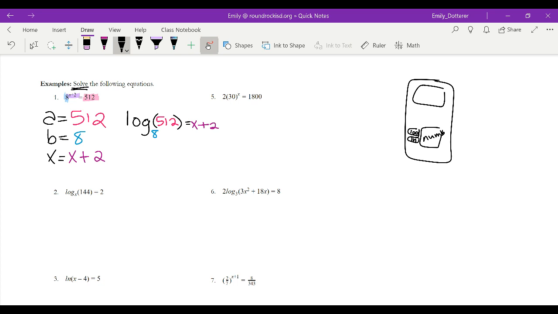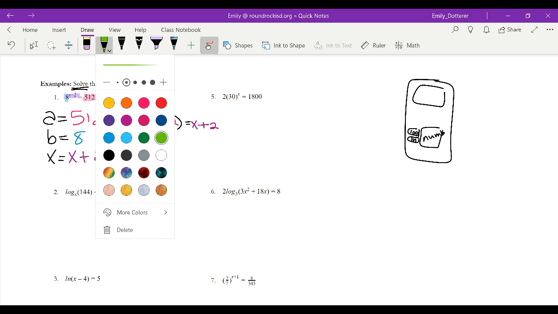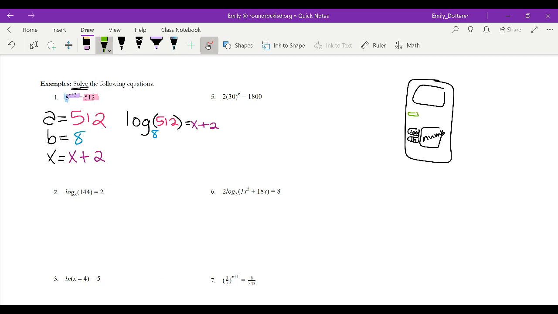If we want to do a specific base, we press alpha, which is the green button up here. And then we press window, which is one of the gray buttons.